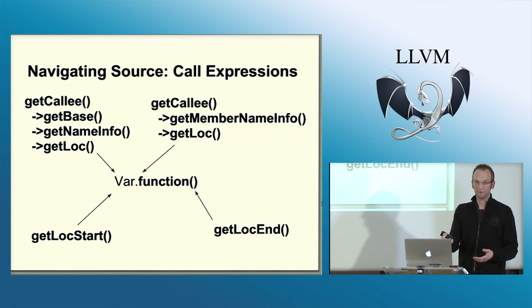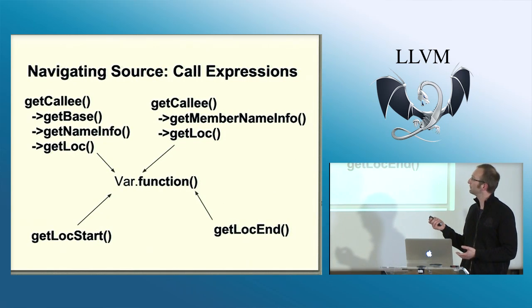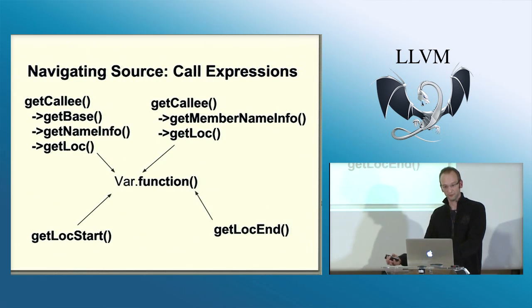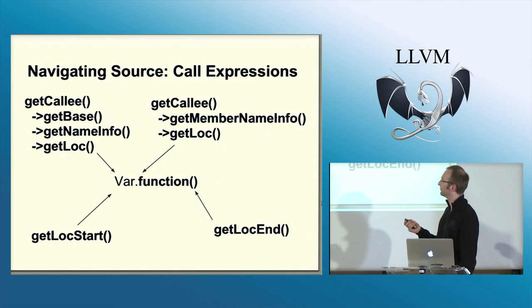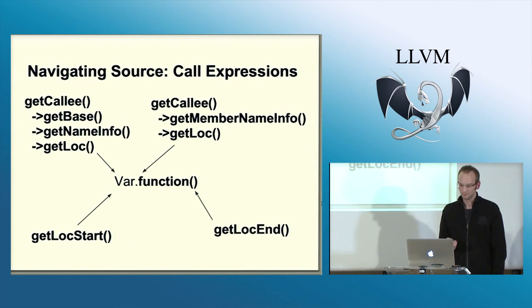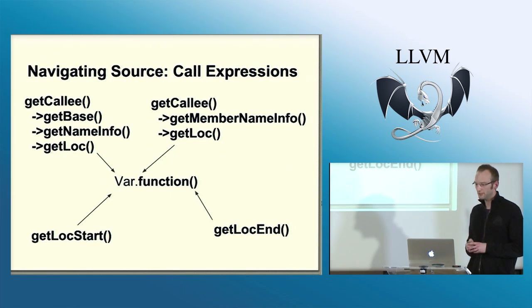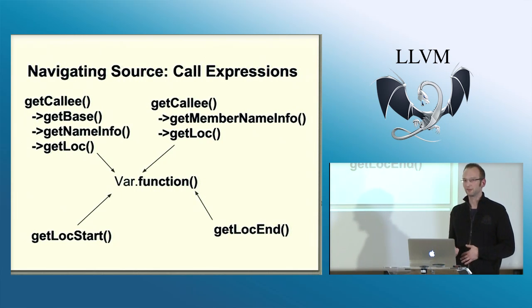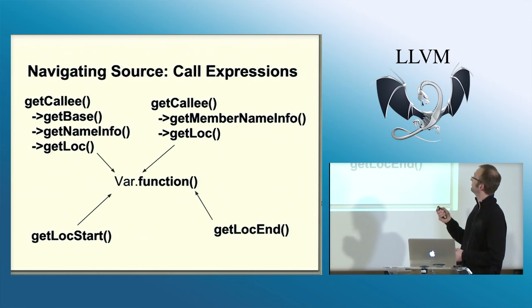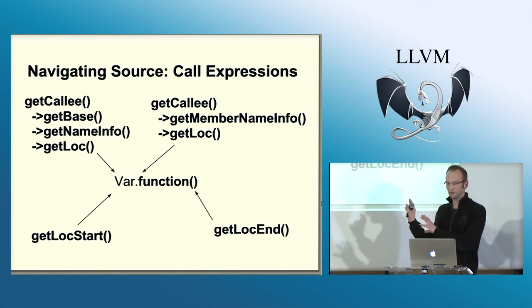In this case, I have a variable, so it is a declaration reference expression. The declaration reference expression has a name info in it, which I can get out. From that, I can get the location, and then I'm finally at the location of that identifier. To get the location of the right part, again, the callee is a member expression in this case, and because it's a member expression, it has a member name info, and I can get the location of that.